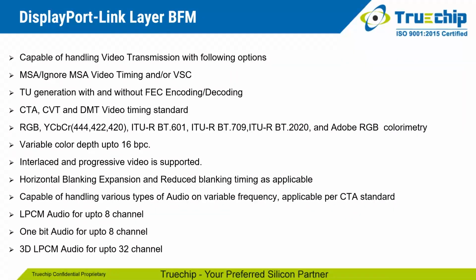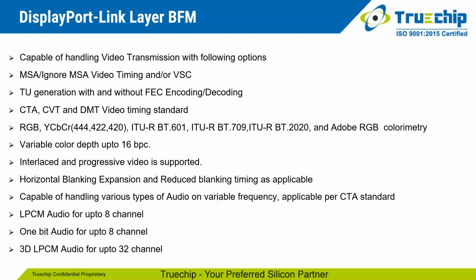DisplayPort link layer BFM, capable of handling video transmissions with the following options: MSA or ignore MSA video timing and or VSC. TU generation with and without FEC encoding and decoding. CTA, CVT and DMT video timing standard.